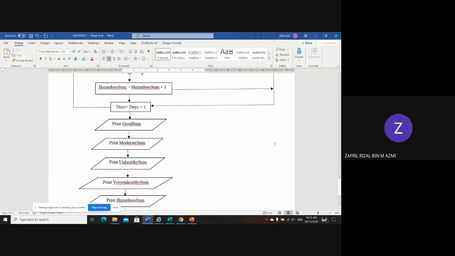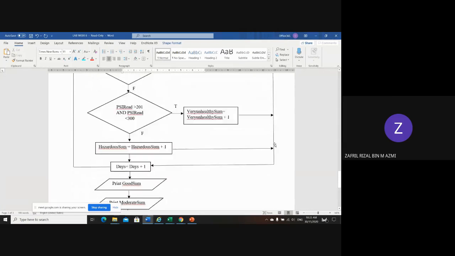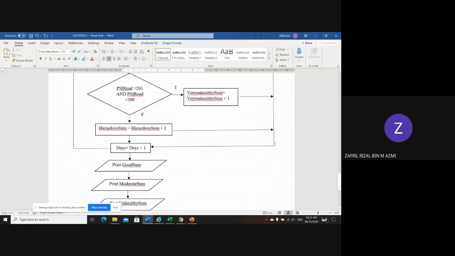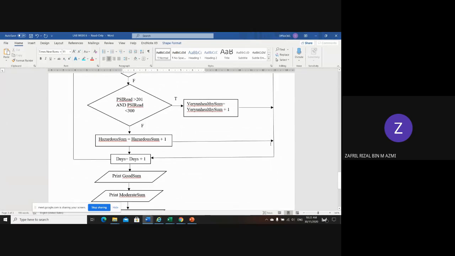Where should we put the third element? Where is it? Over here. Days plus 1. Yes. So this is what we refer to as the counter update.